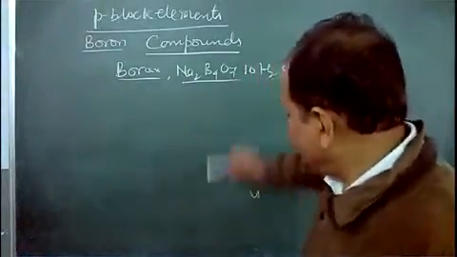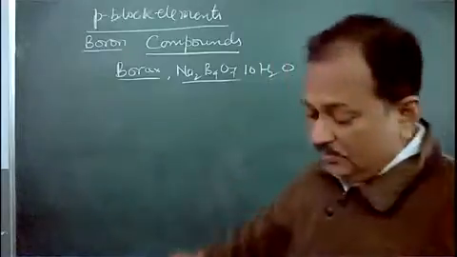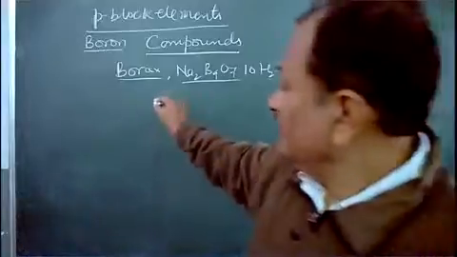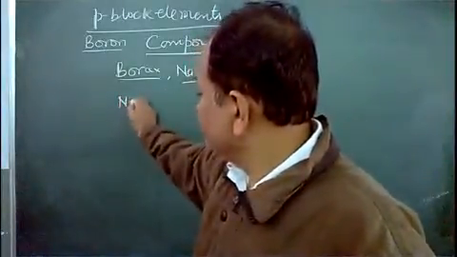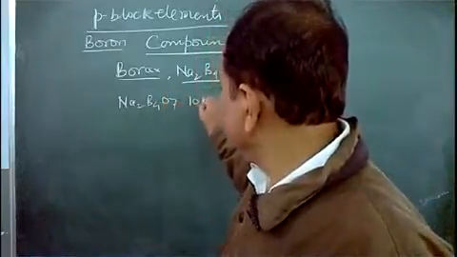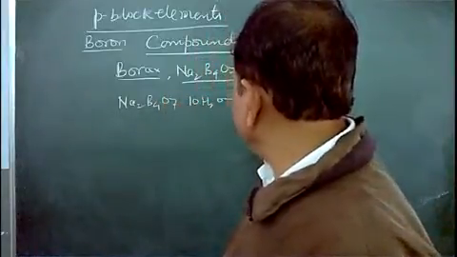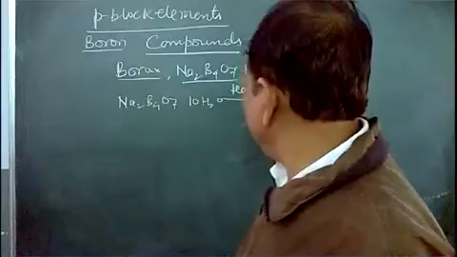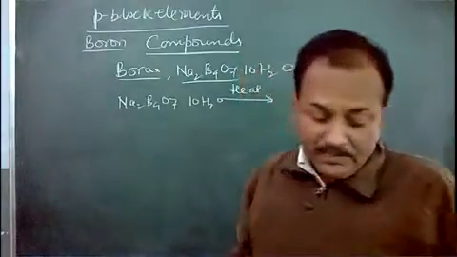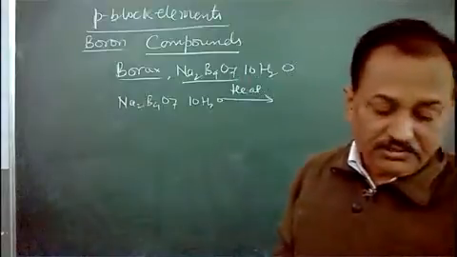So when we heat borax, there is the equation Na2B4O7·10H2O. On heating, when we heat any substance, there is loss of water molecules.